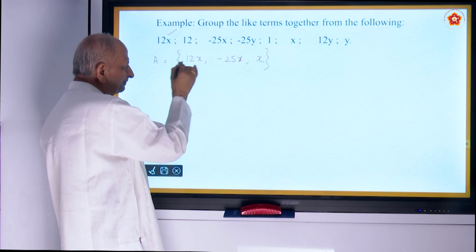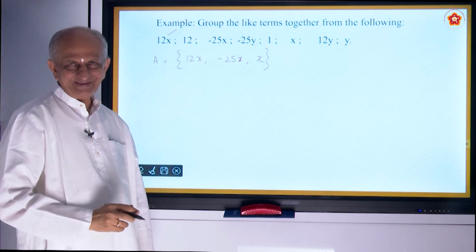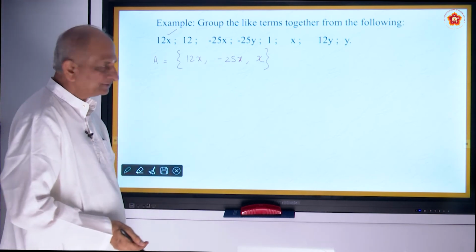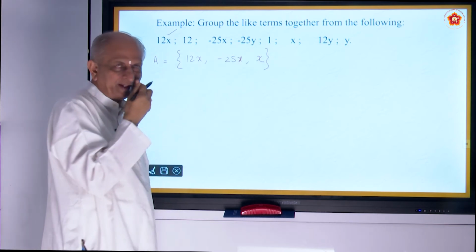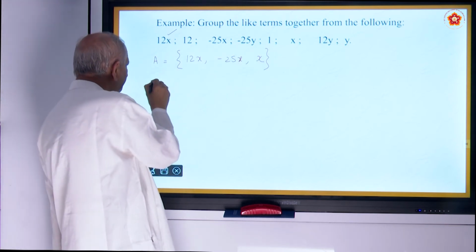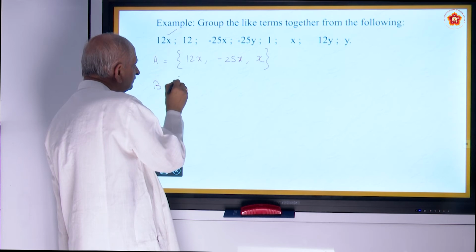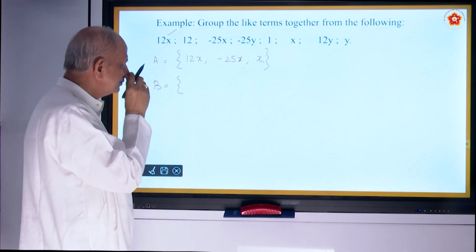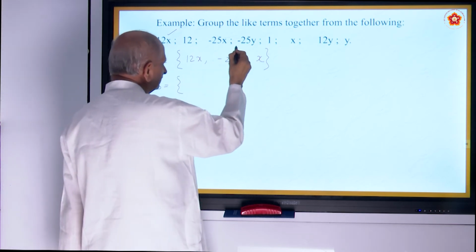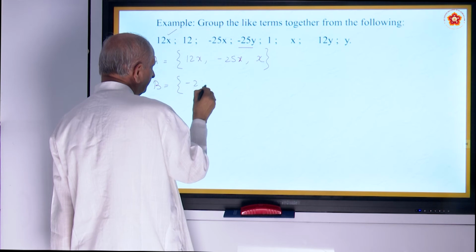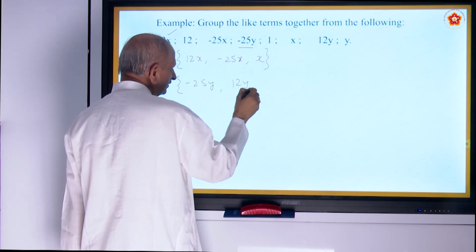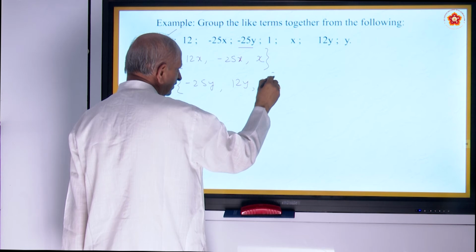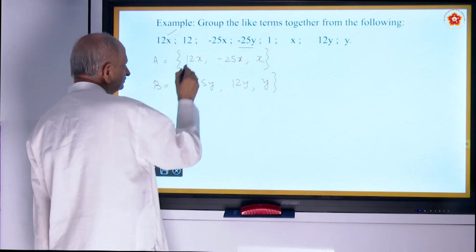And don't worry about this plus, minus, etc. And also the numerical coefficient. Sometimes it may be there, may not be there. Here there is 1. If you say x, it means 1x. Coming to the second group. Any other? Yes, you have minus 25y, then you have 12y, then you have y, the second category.